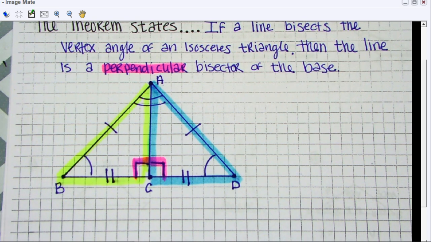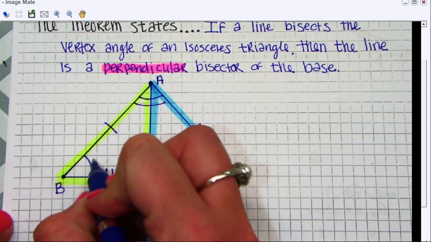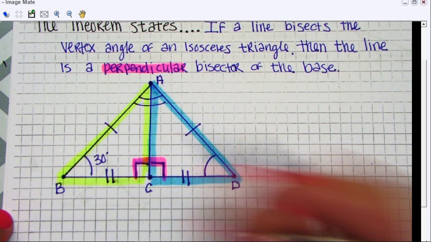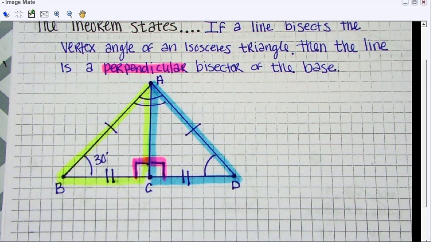Now let's talk about the reflection part. Let's say that angle B is 30 degrees, and I'm just making it up. What other angle in our picture, we can look at the whole isosceles triangle, what other angle is 30? Yeah, the other side.